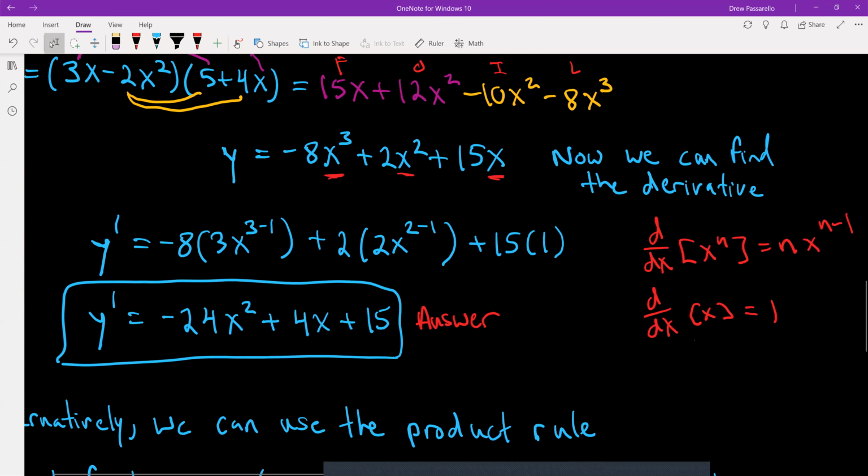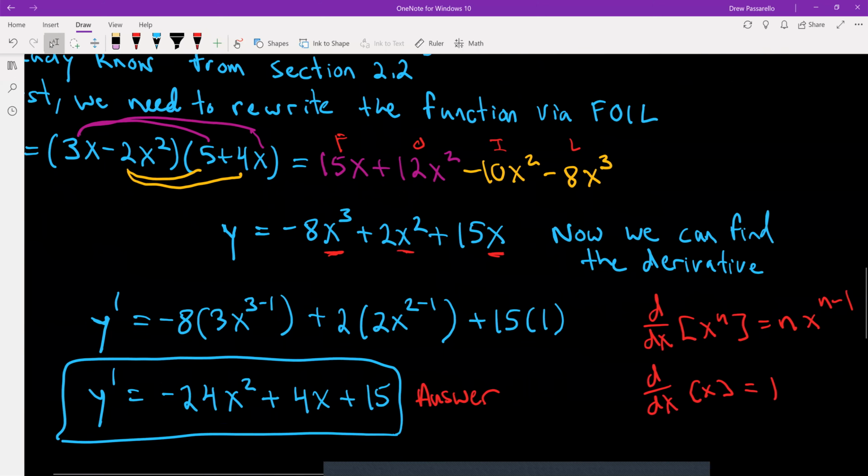And honestly, for this, I probably would have done it the first way, using the ways that we already know, instead of using the product rule. It just seemed like it took less work.